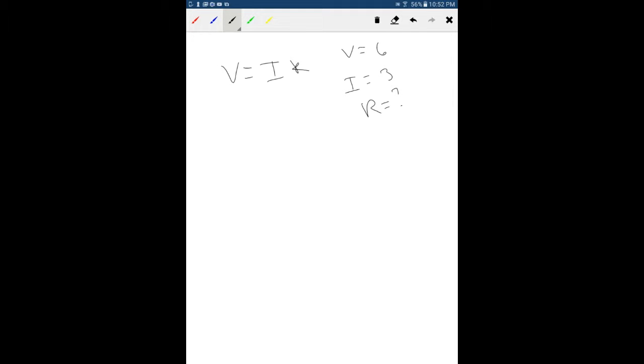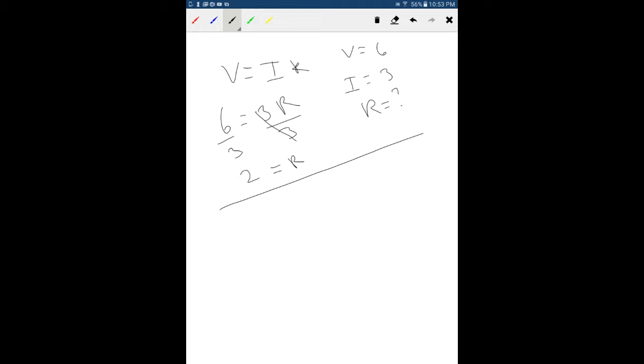We're just going to substitute it in and solve. 6 volts equals 3 amps of current times R, and it's easy to find R just by dividing by 3. That cancels out. We're left with R equals 6 divided by 3, which is 2. Very good, so that was easy.